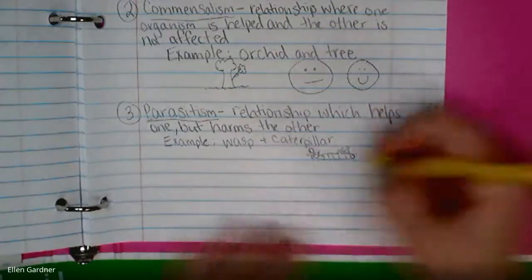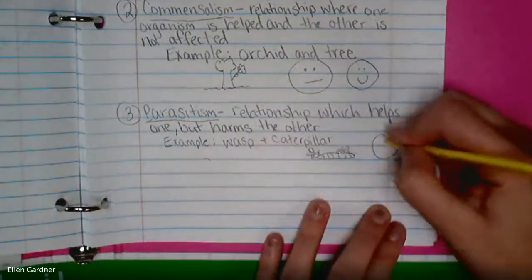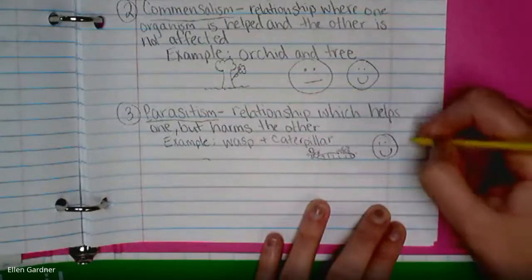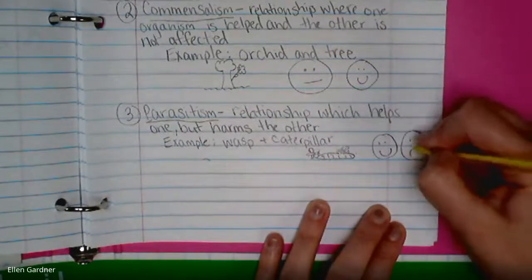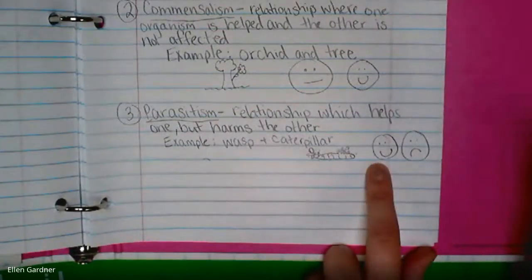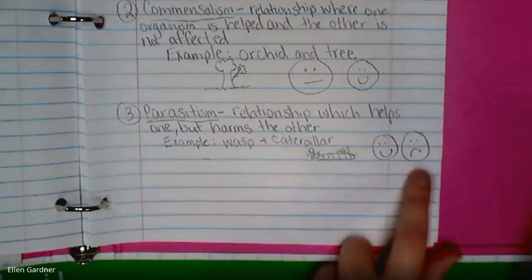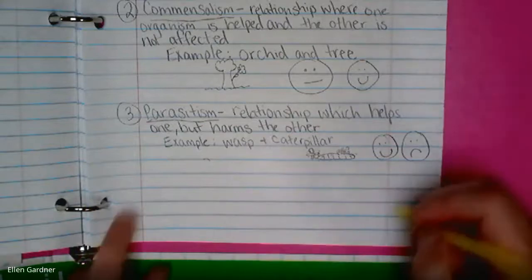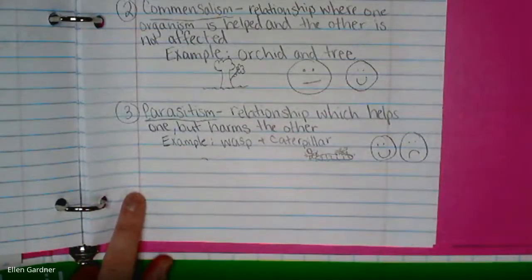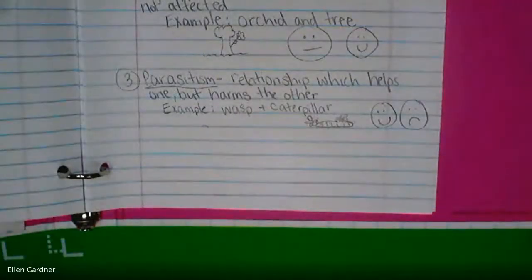So let's draw a happy face and a sad face because the wasp is happy. It is helped by this relationship. The caterpillar is harmed by this relationship. Right down below, we're also going to add 2 vocabulary terms with their definitions, competition and symbiosis.